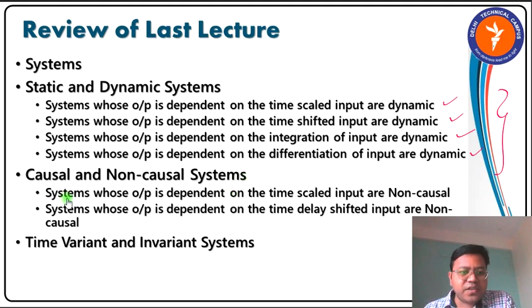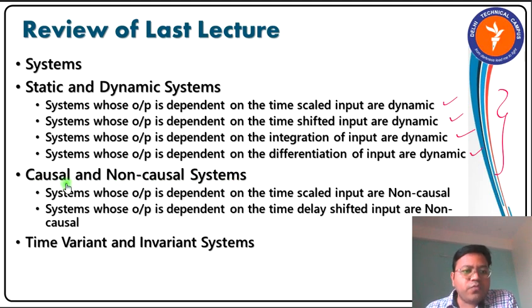And in the last lecture we discussed causal and non-causal systems. Causal systems are ones which depend only on the past and present values, and if the system is dependent on future values as well, then it is a non-causal system. Actually, in the practical sense, we can have only causal systems. We cannot have any non-causal system.